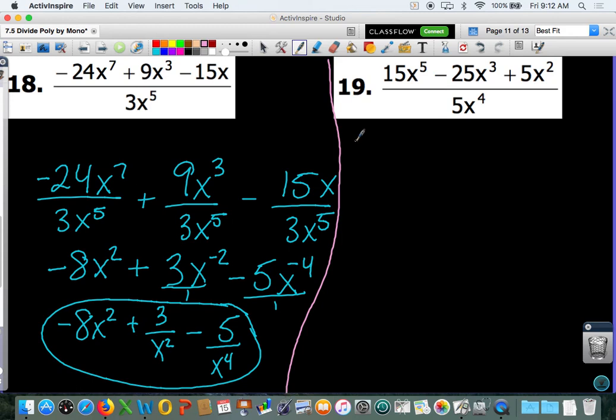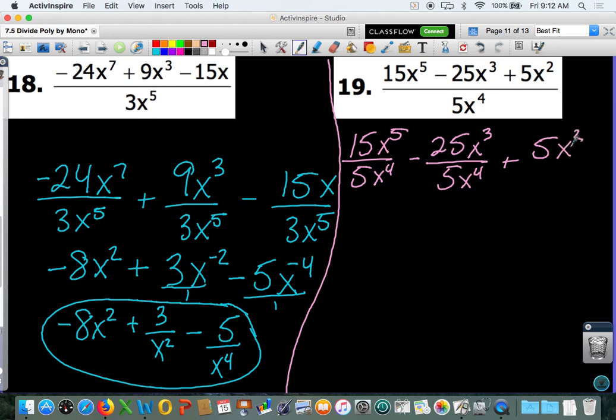All right, make 3 fractions. So 15x to the 5th over 5x to the 4th minus 25x cubed over 5x to the 4th plus 5x squared over 5x to the 4th.